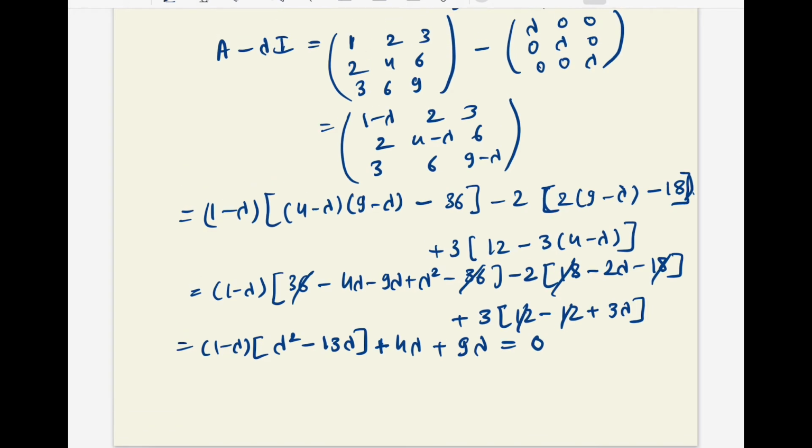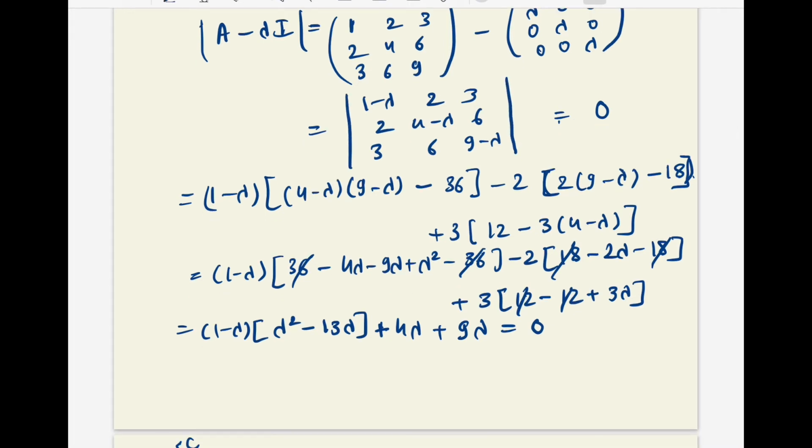The determinant of A minus lambda I must be equal to 0. This is given. So this is all equal to 0.